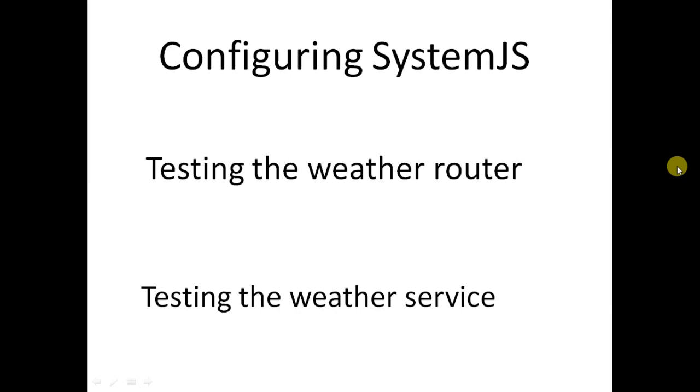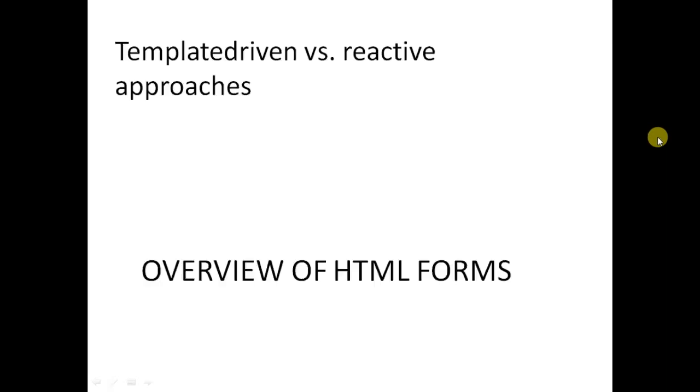You are not testing the _hash result and _parse data methods because private methods cannot be unit tested. Should you decide to test them, change their access level to public. To test the weather service, you will use the MockBackend class, which is one of Angular's implementations of the HTTP object. And that's it for the lecture. Thank you for watching.